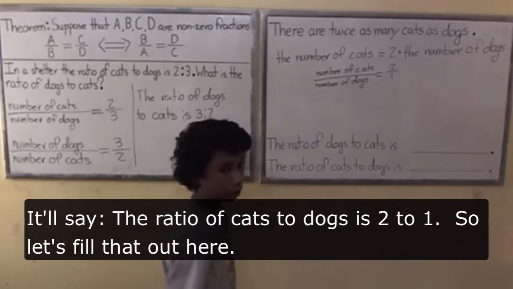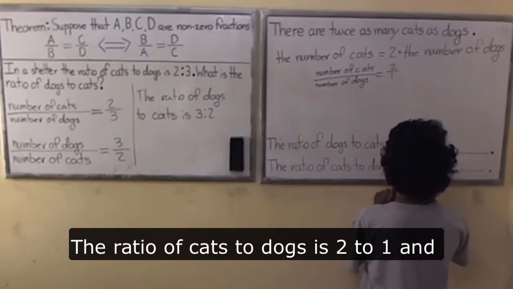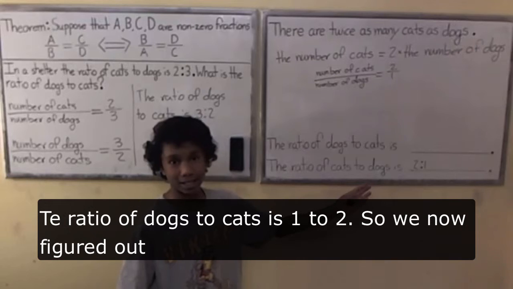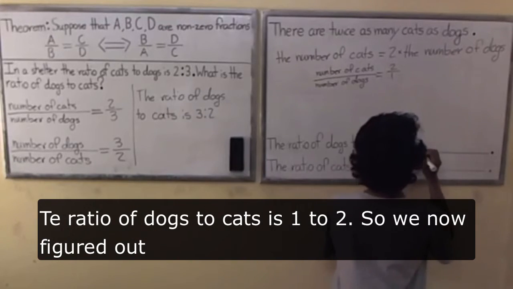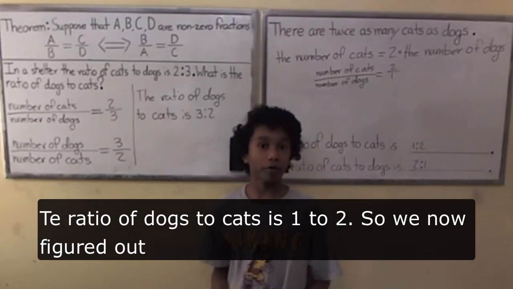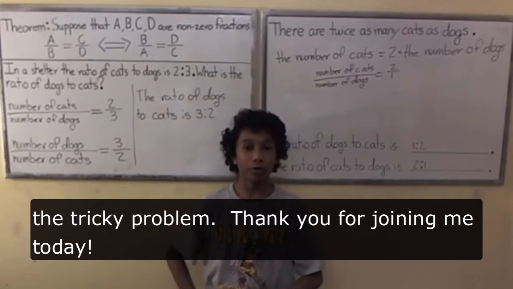So let's fill that out here. The ratio of cats to dogs is 2 to 1, and the ratio of dogs to cats is 1 to 2. So now we figured out the tricky problem. Thank you for joining me today.